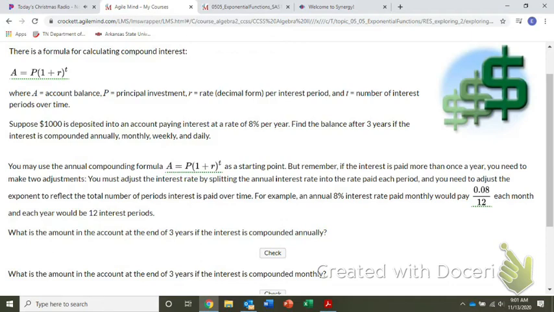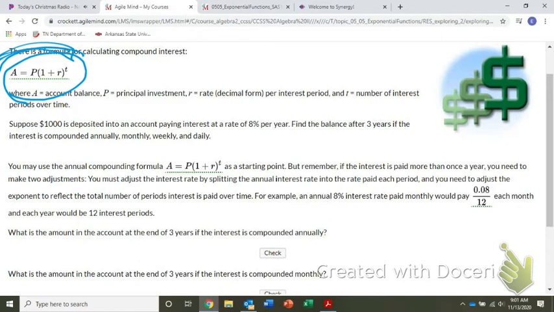So, Agile Mind tells us that the formula for calculating compound interest is right here. That is right, but they don't include an extra step that I'm going to include to make it easier.